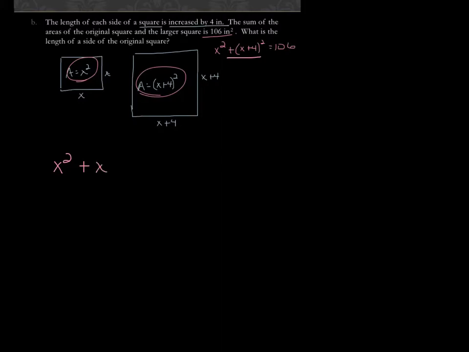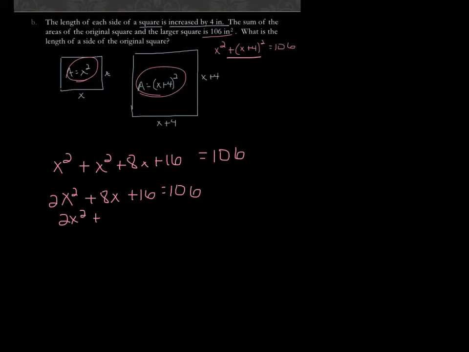So x squared plus 8x plus 16 equals 106. And then we can simplify this, so that's going to be 2x squared plus 8x plus 16 equals 106. Subtract 106 from both sides. We need this equal to 0. So it's minus 90 equals 0.